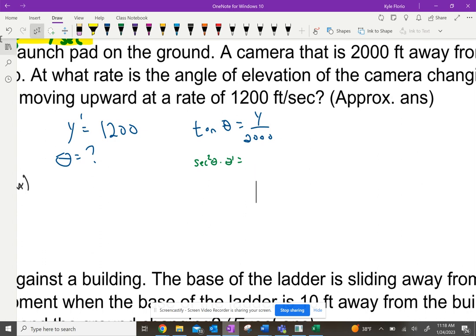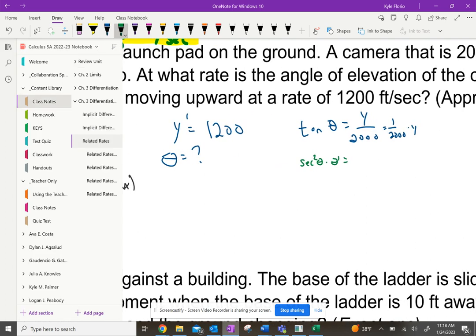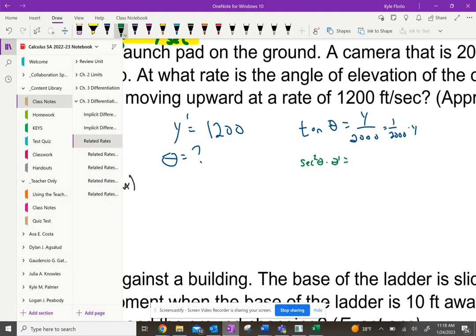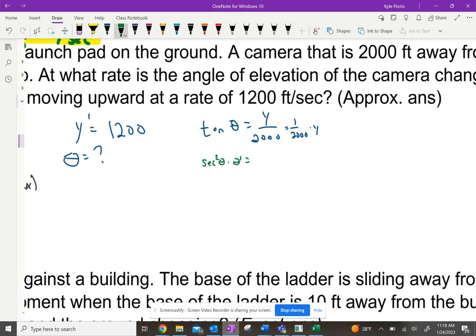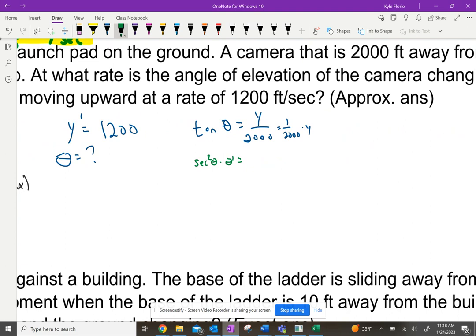This is the same thing as 1 over 2,000 times y, so the derivative of this would just be 1 over 2,000 y prime. All right, so then we've got to find out what secant theta is. We know what y prime is, and then we can solve for theta.